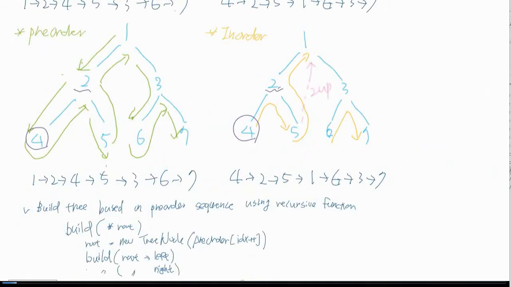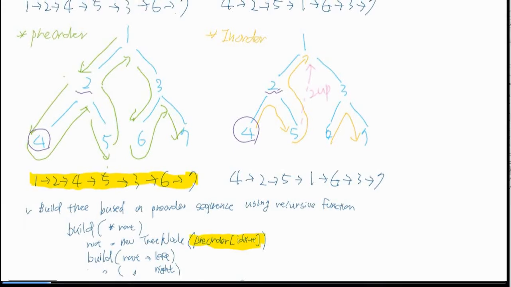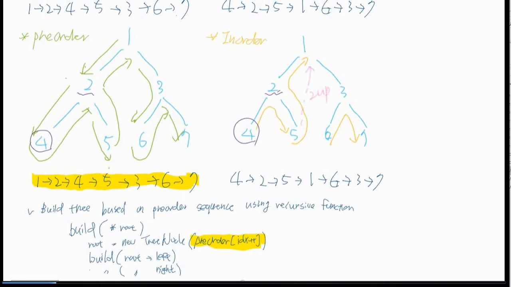So how can you construct a tree data structure using the preorder and inorder sequences? It's described here with a basic concept. I intuitively thought that the tree data structure can be created using the preorder sequence more easily than the inorder sequence, because the root node appears first in the preorder sequence.